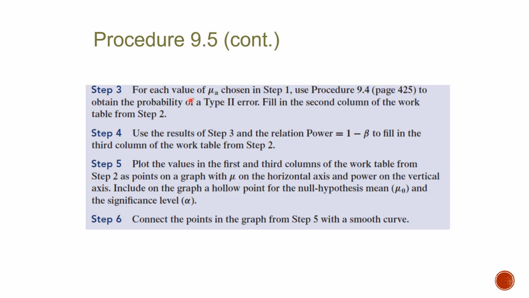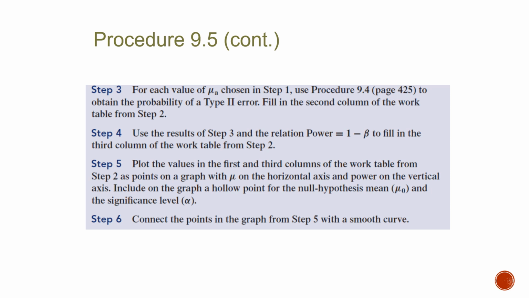Now they've given here the steps to complete the table that I just showed in the previous slide. And once we have that table before us, we have to plot the values in the first and third columns of the work table from step 2 in the previous slide as points on a graph with mu on the horizontal axis and power on the vertical axis.